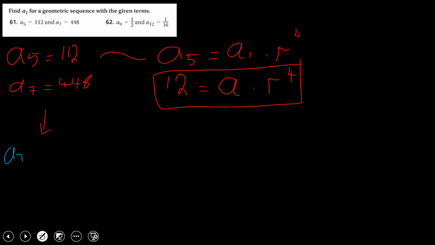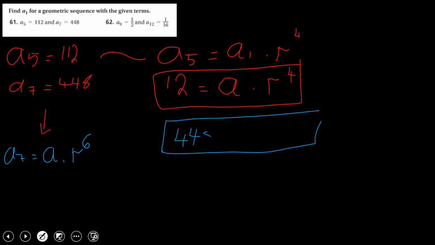For A sub 7, it is A sub 1 times r raised to the power 7 minus 1, which is 6. So A sub 7 is 448 equals A times r raised to the power 6. To find A sub 1, I need r also. So how many unknowns here? We have two unknowns, A sub 1 and r. Two unknowns means two equations.